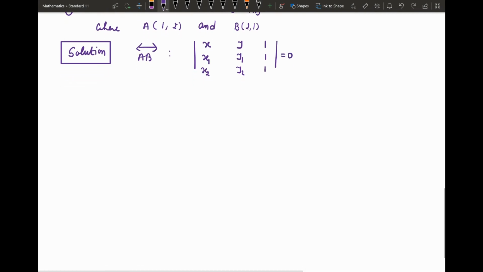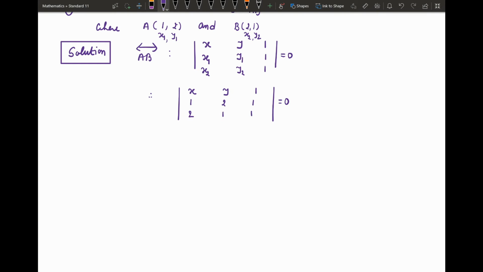So using this determinant x y 1, the coordinates of A we take as x1 y1, the coordinates of B we take as x2 y2. So x y 1, x1 y1 1 is 1 2 1, x2 y2 is 2 1 1.